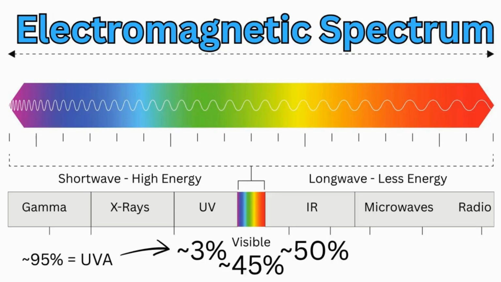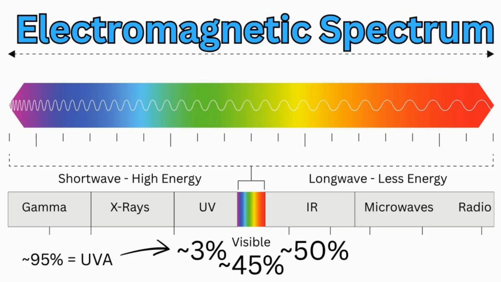And sunlight is made up of three main components, three main types of energy based on the range of wavelength of each type. So ultraviolet has a very small wavelength, and that's about 3% of sunlight. Next is a little bit larger wavelength, ranging from about 400 nanometers up to around 800 nanometers, and that's visible light.